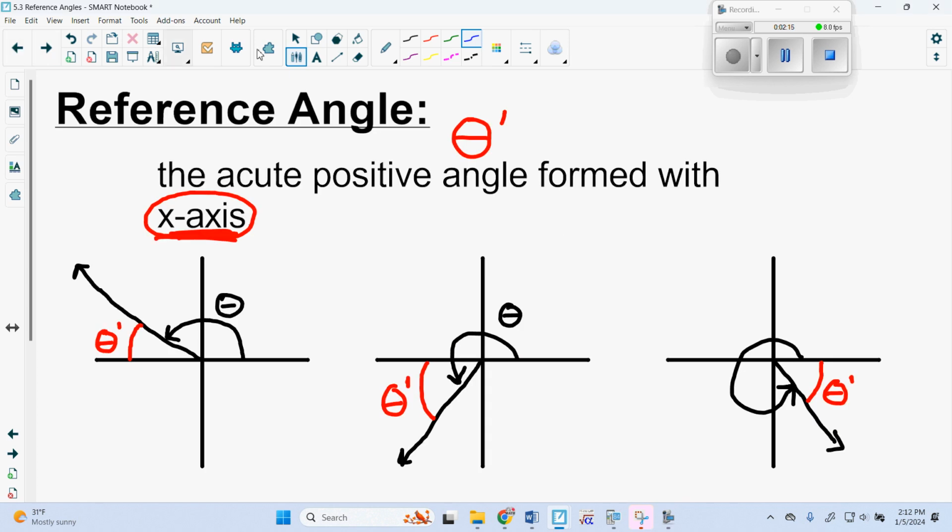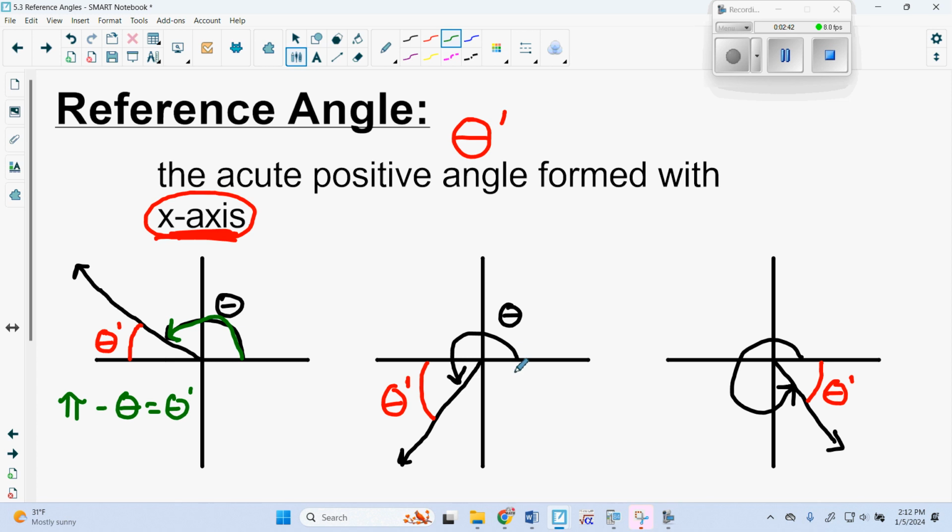Now, let's talk about how we find the reference angle. Well, if you know this angle here, to find your reference angle, you're just going to take pi (180) minus your angle, because these two angles together add up to pi, so you just subtract to find that.